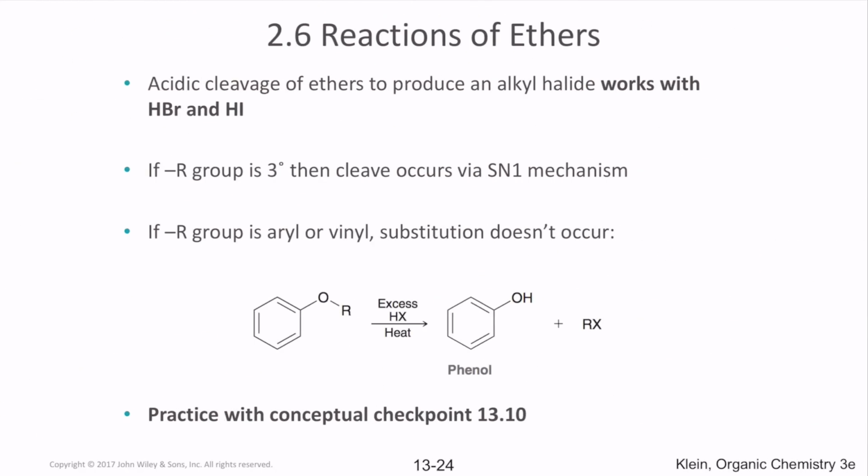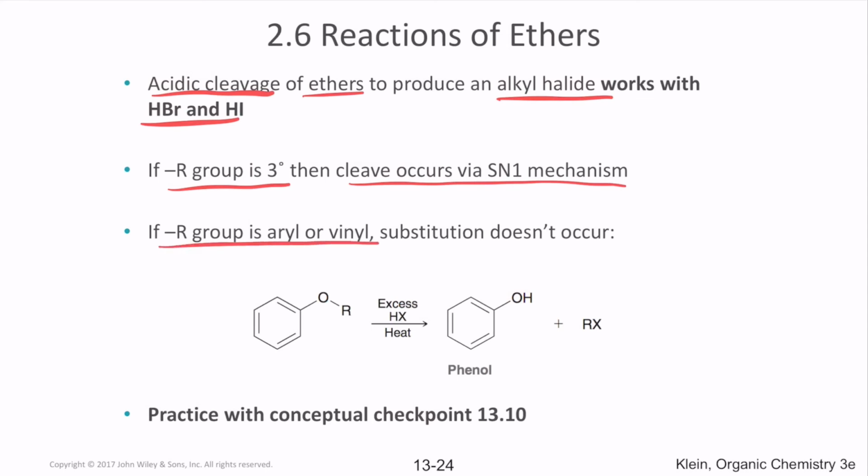Next, let's look at the acidic cleavage of ethers to produce an alkyl halide. It generally works with HBr and HI. If the R group is tertiary, the cleavage in general occurs via an SN1 mechanism. If the R group is vinyl or aryl, the substitution reaction will not occur. For example, if one of the groups is an aryl compound, it will generally form a phenol and that's it.